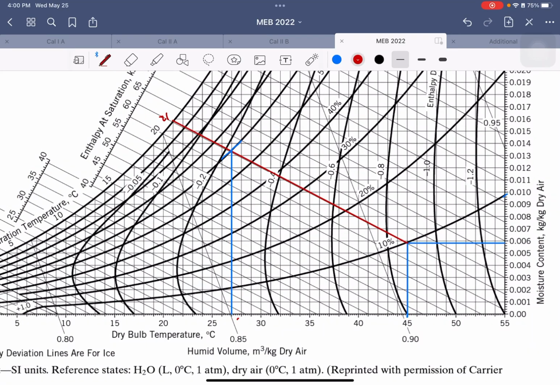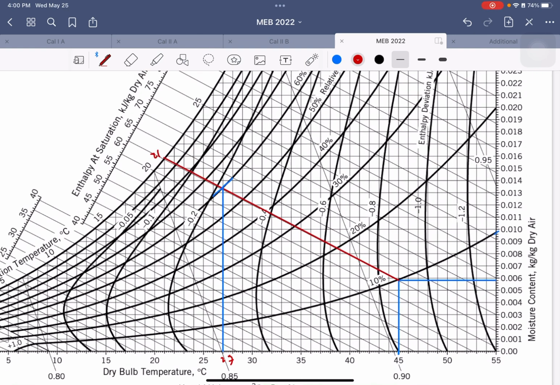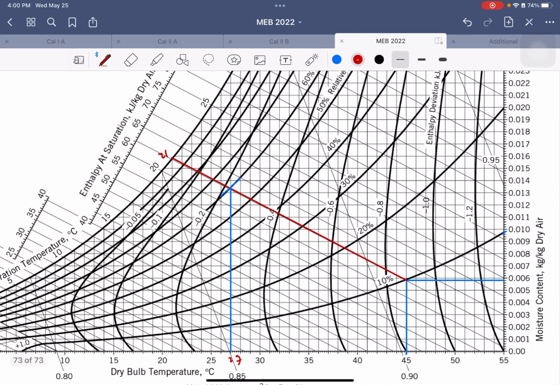So from this 27, we would like to compute, okay? So we will have around 0.0135.